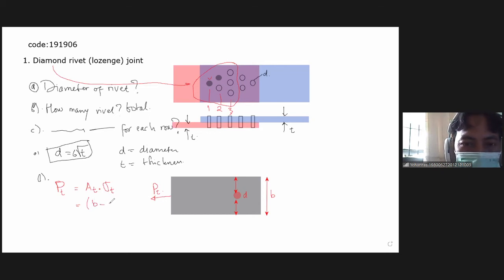The area is the width minus the diameter, times the thickness of the plate, multiplied by the tensile strength of the material of the plate. So here we have the load capacity that can be resisted by the plate. This is the tensile load resistance.